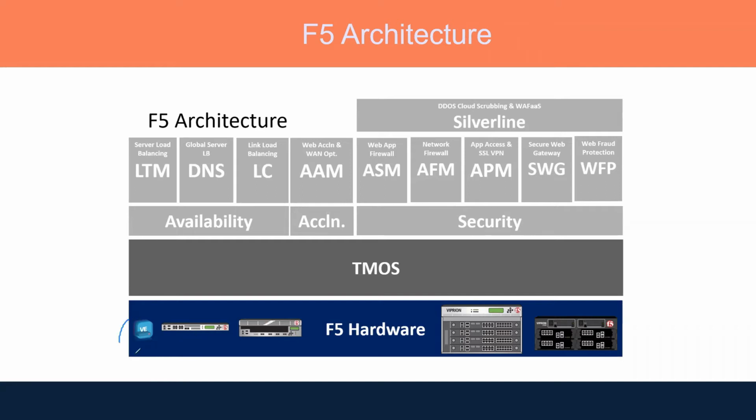You can deploy an F5 device as a virtual edition, meaning you can deploy it on VMware, or you can purchase physical hardware. They have different hardware capacities, from low-end models to high-end models. VIPRION is the high-end model hardware, used in big data centers.